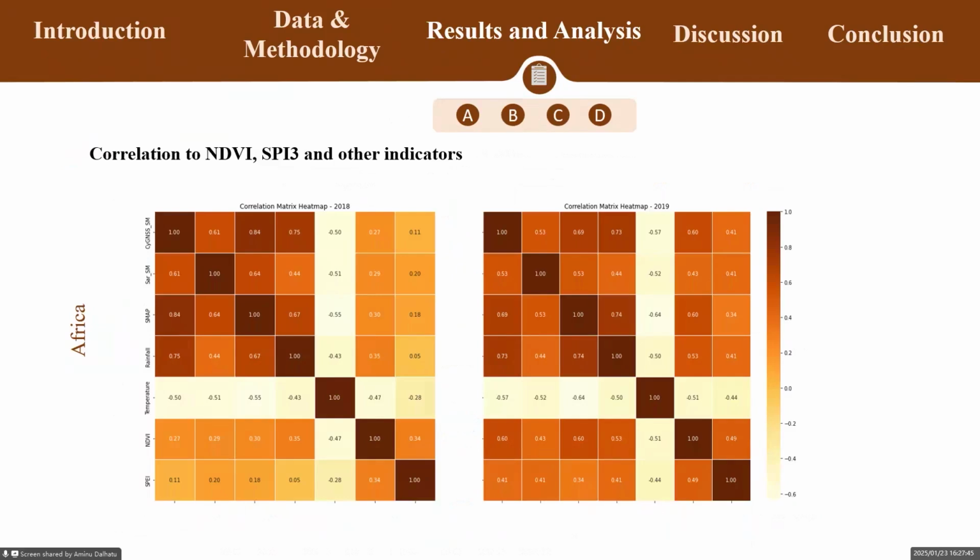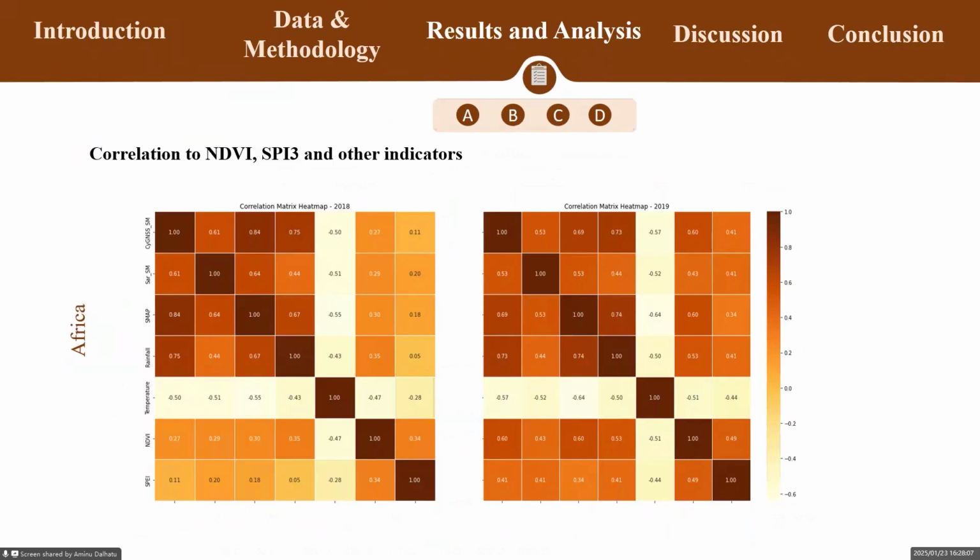Now, this is basically a heat map. I did it for both 2018 and 2019 just to see if there are some discrepancies or differences between the two years. But we can say it's basically the same. You can see here the values.